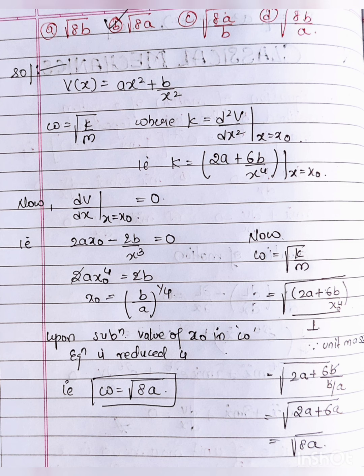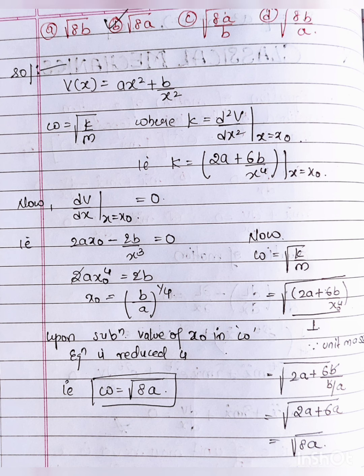Now in the given equation of k, substitute the given potential, then taking the second derivative of the potential, the value will be reduced to k is equal to 2a plus 6b by x to the power of 4 at x is equal to x naught.